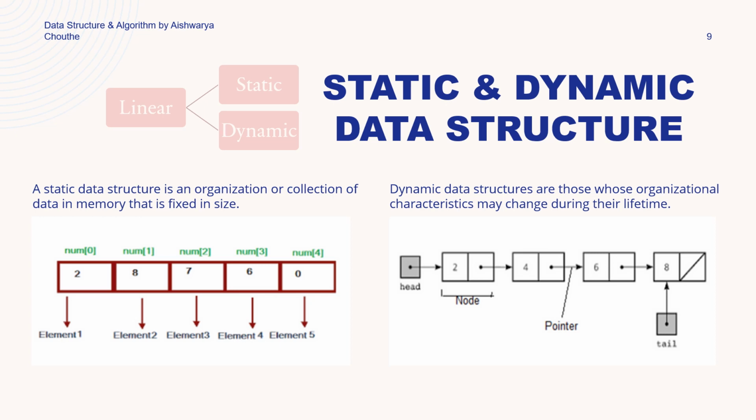We can increase as well as decrease the size when needed. The pictures given are examples of static and dynamic: this is the array data structure and this is the linked list data structure, which are the examples of static and dynamic respectively. And we'll define them briefly in further slides.